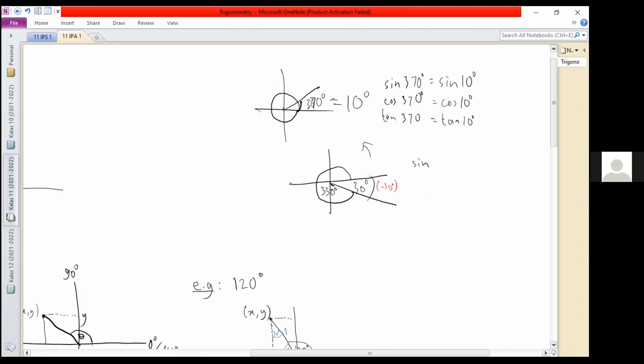The values of the sine, cosine, and tangent of negative 30 degrees are the same as the sine, cosine, and tangent of 330 degrees.